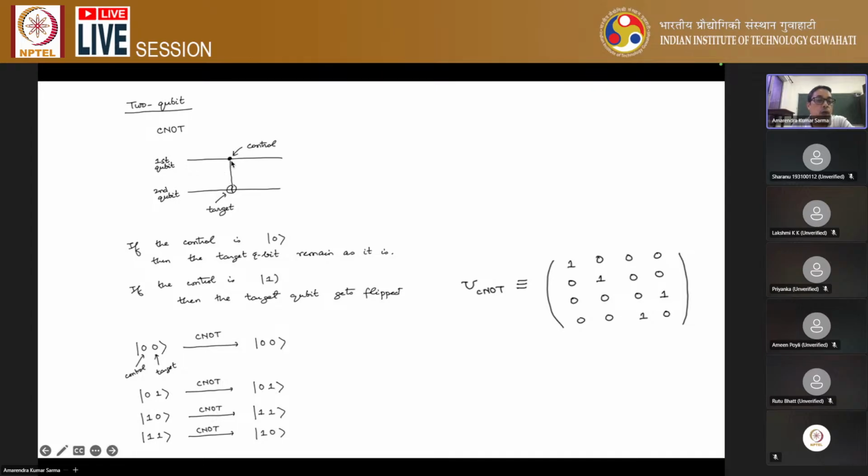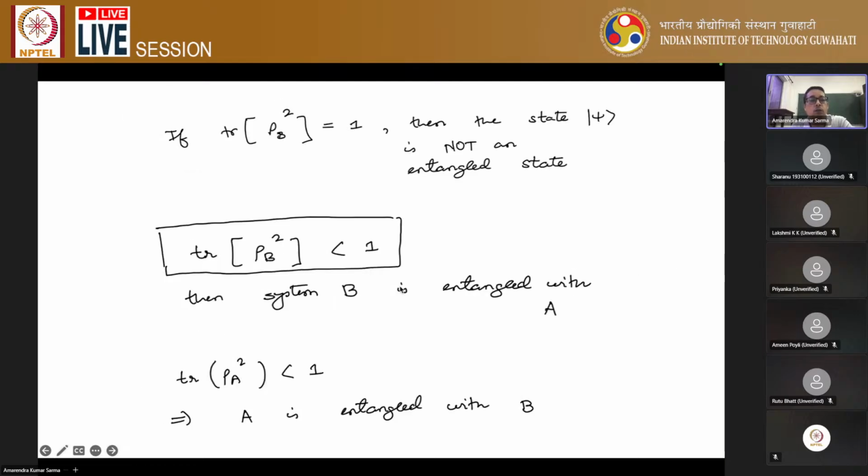But if the control is 1, then the target gets flipped. So when the control is 1 and the target is 0, the target gets flipped, and 10 becomes 11. Similarly for 11, the control is 1 and the target is 1, so the target gets flipped because the control is 1. This is the simple principle on which the CNOT gate operation is done.